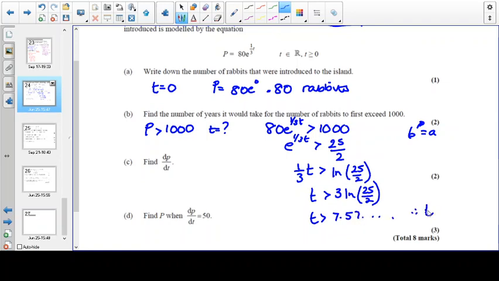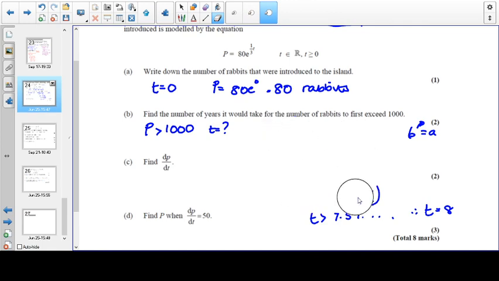Therefore t has got to be 8. So the number of years it would take for the number of rabbits to first exceed 1,000 is 8 years, or 7.57. You'd probably get away with both.